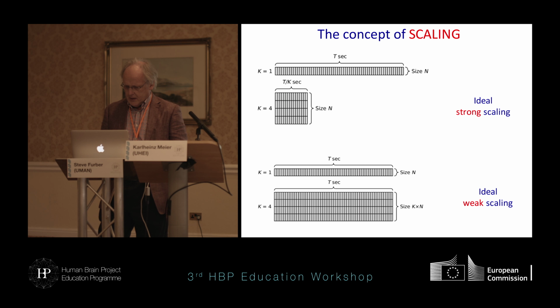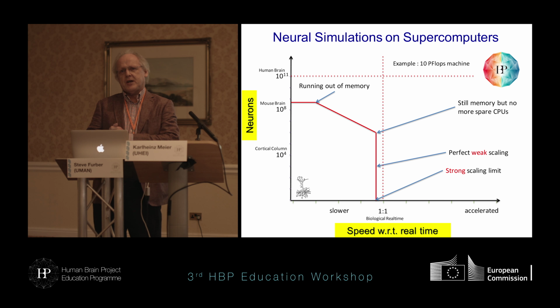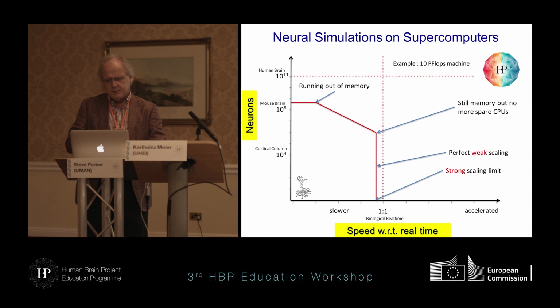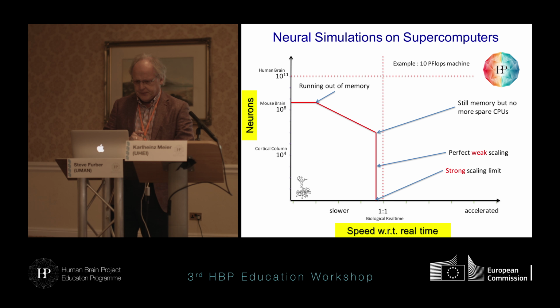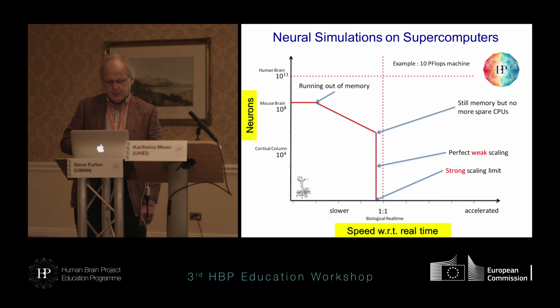And if you apply these concepts to the idea of using off-the-shelf computer technology, in this case a supercomputer, so it's a fairly big shelf, you have to get it off, but it's still a standard machine, and you look at what's possible on current machines, then you can plot the scale of the neural system that you want to simulate, and the speed at which it operates, and you can look at any particular machine and plot what's possible.